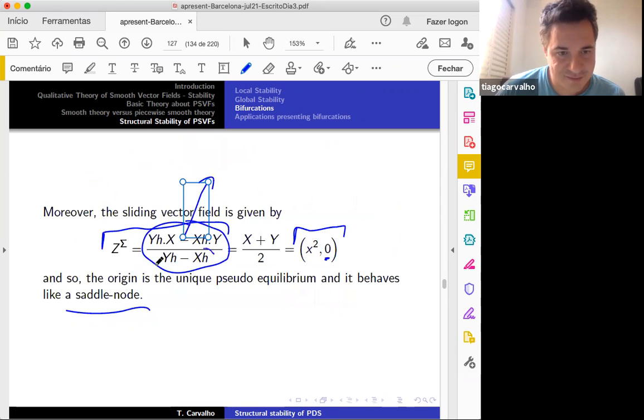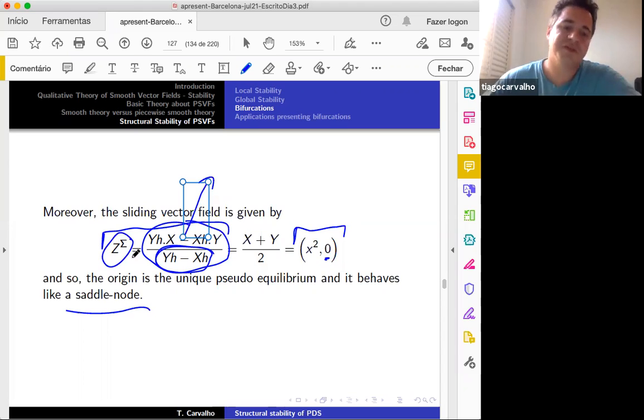Observe that this value is zero when we are in a two-fold singularity. So we are considering there the extended vector field, okay? Because this one is not well defined, but we are considering the extended vector field.